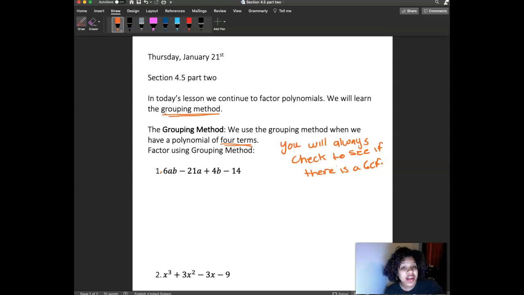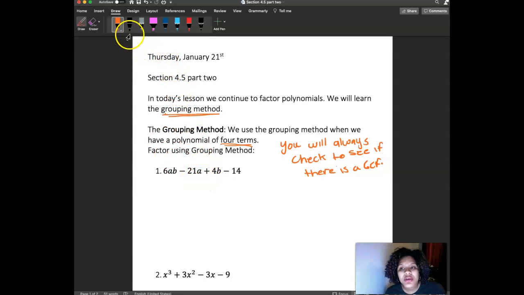When I look at the variables, they do not all have at least 1 variable in common. Therefore, there is no GCF. So I move forward. The next question is, how many terms does the polynomial have? In our case, it has 4 terms, which means we're going to use the grouping method.